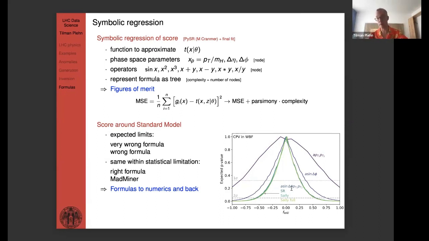I can check, for instance, is there a big eta dependence, which means is my optimal observable also strongly affected by detector effects or not? And that's nice because, as I said, the language of physics is not Monte Carlo code, but it's formulas at the end of the day. Something that, by the way, Miles Cranmer always emphasizes. He's a cosmologist. Same thing, not just particle physics.